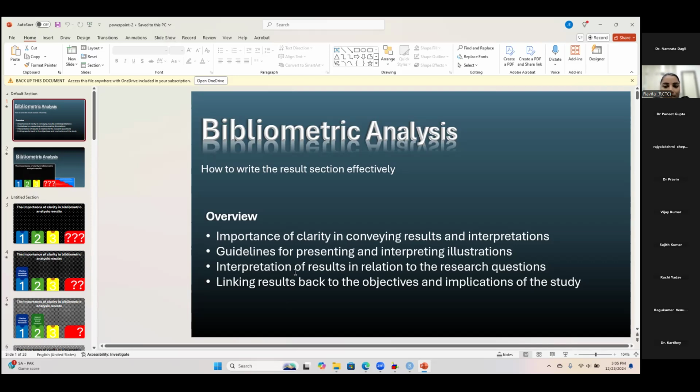She will provide invaluable insights on interpreting results, writing the result section effectively, presenting and interpreting illustrations such as tables and graphs, the importance of clarity in conveying findings and their interpretations, linking results back to the study objectives and implications, and a hands-on demonstration on writing the results section, presenting illustrations, and so on. Her extensive experience in guiding researchers through manuscript writing makes her the ideal mentor for today's topic.